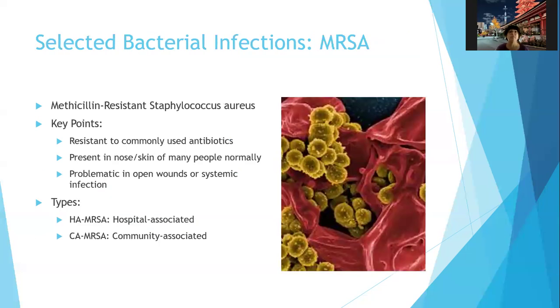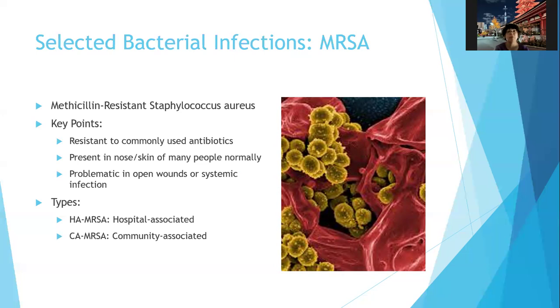So MRSA stands for methicillin-resistant Staphylococcus aureus. Staphylococcus aureus is part of our normal flora in our upper respiratory system, and the methicillin-resistant version is resistant to commonly used antibiotics. Staphylococcus aureus is present in the nose and skin of most people.